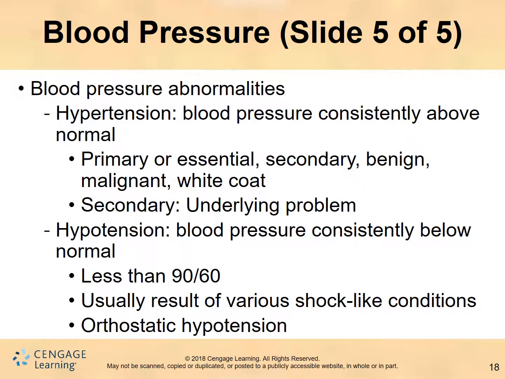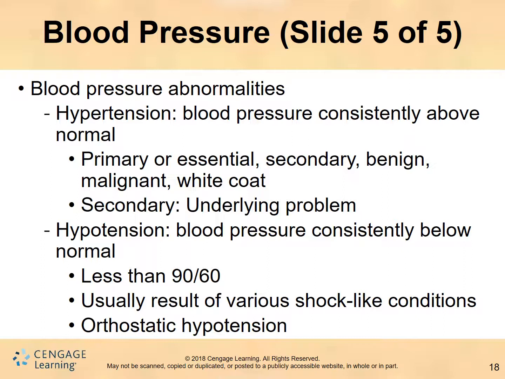Blood pressure abnormalities are hypertension, primary or essential. White coat hypertension is when a patient has anxiety due to being in the office and their blood pressure just goes up for that time. And then there's secondary, in which case there are underlying problems.